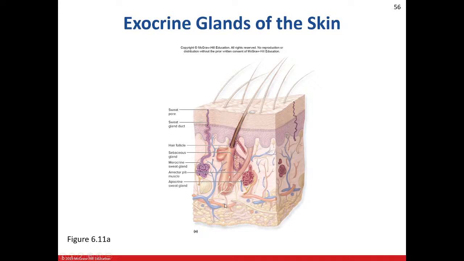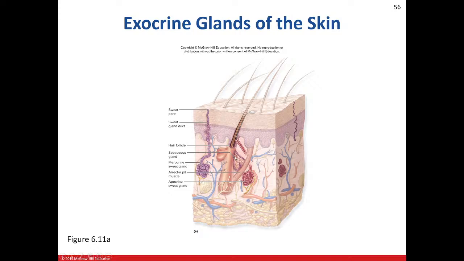Lastly, I just want to reiterate, sweat glands include eccrine or merocrine and apocrine. All right. Apocrine sweat glands are not found everywhere. They are mostly concentrated in the armpits and groin. Eccrine or merocrine glands are not associated with the hair follicle.